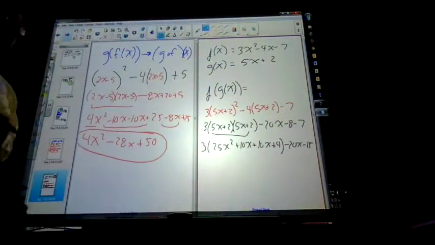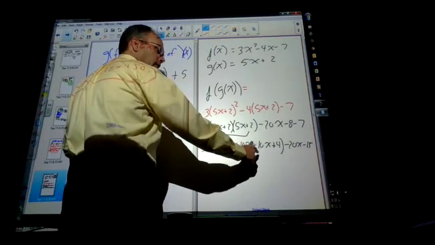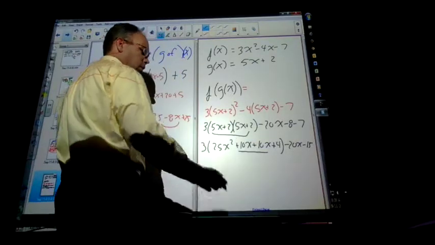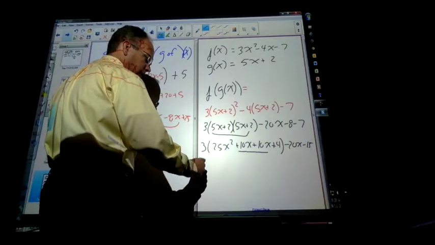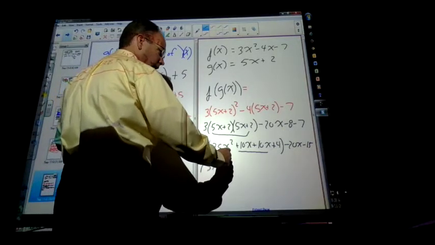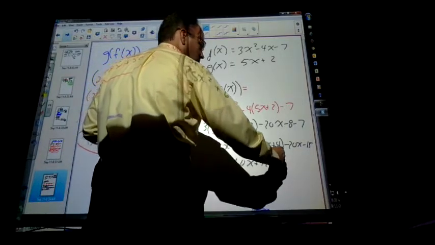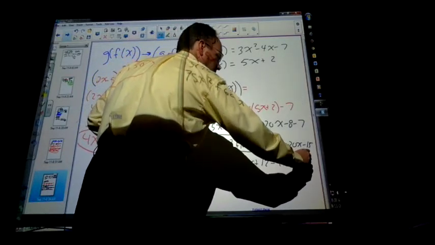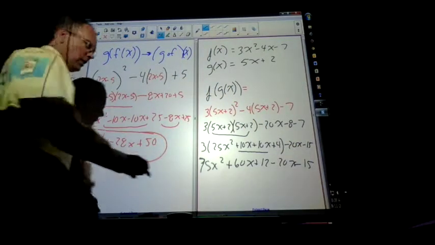Is that okay? So if I combine those together, I get 20. Is that correct? Combine that together, I get 20. So that's going to be 75x squared plus 60x plus 12 minus 20x minus 15. I do that right? Combine any like terms, 75x squared by itself.